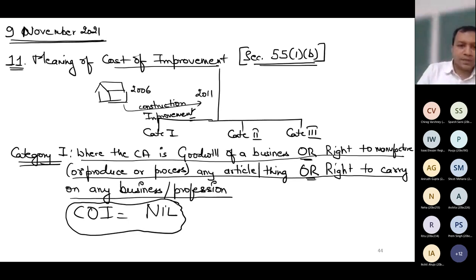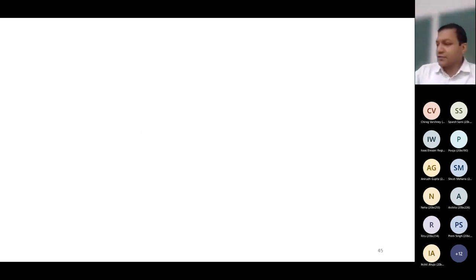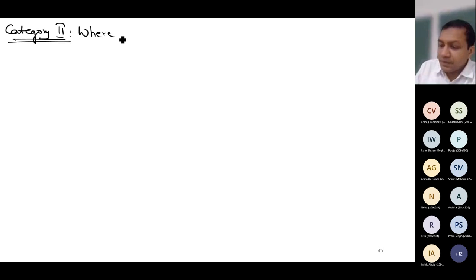Category 2. Then category 2, where the assets have been acquired before 1st April 2001, where the capital asset became the property of the assessee.